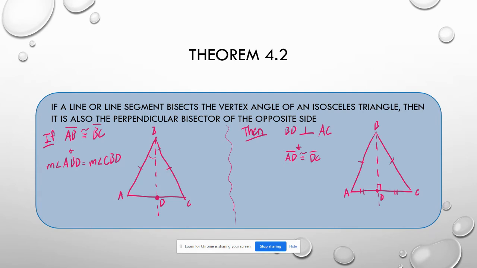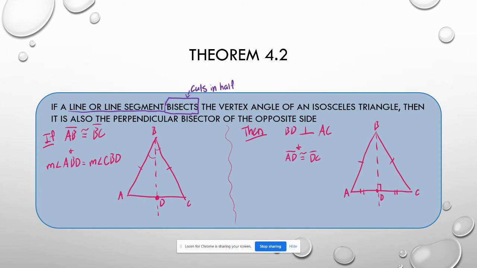So let's put it into pictures because visuals are going to make it a lot easier. We say a line or line segment, so I've drawn that in here in this dashed line, bisects. Remember, bisects means cuts exactly in half. The vertex angle, so that's going to be angle B up here, of an isosceles triangle.